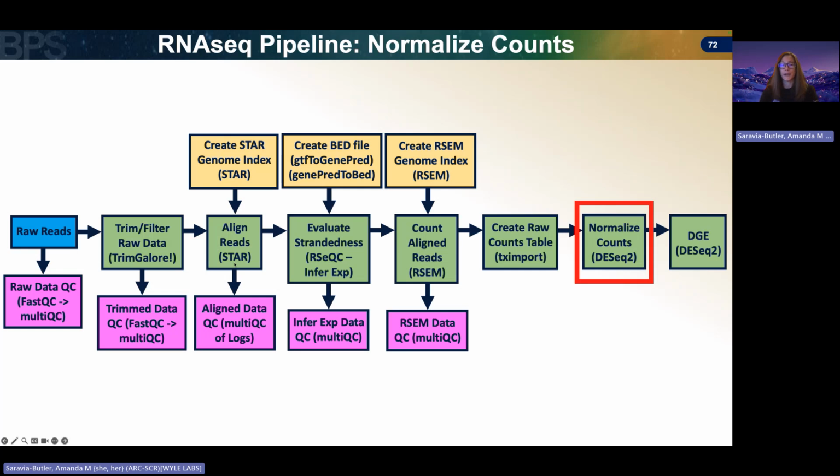These aligners require you to build an index from your reference files, so reference files coming from the organism from which your samples were derived. In our hands-on activity, we're using data derived from mice, and so our reference files were from mice: the mouse genome sequence and annotations.